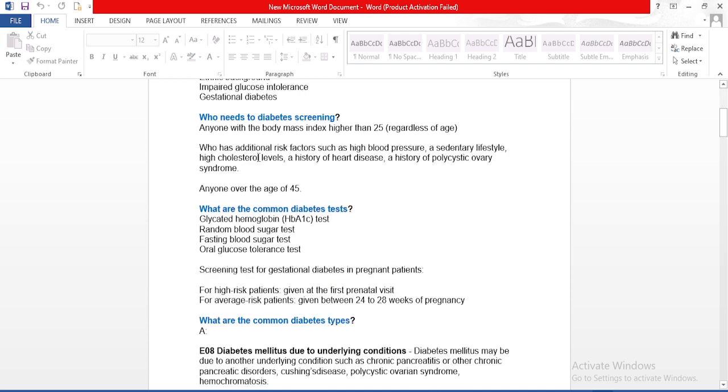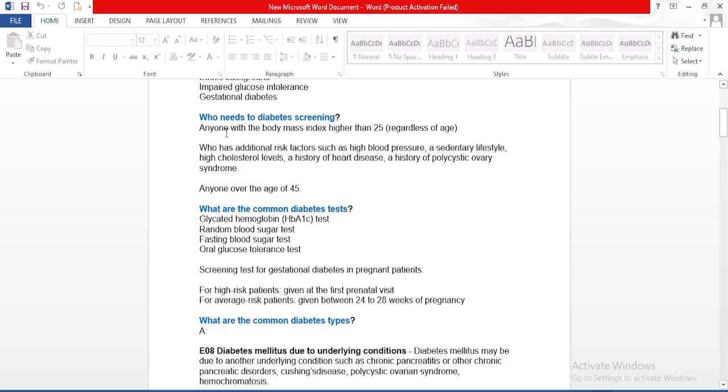Next one, who needs diabetes screening? Basically, screening means the patient suspects that he may have diabetes, but he does not have any symptoms. So in order to find out if he has diabetes or not, he will go for screening, like colon cancer screening. So who needs diabetes screening?